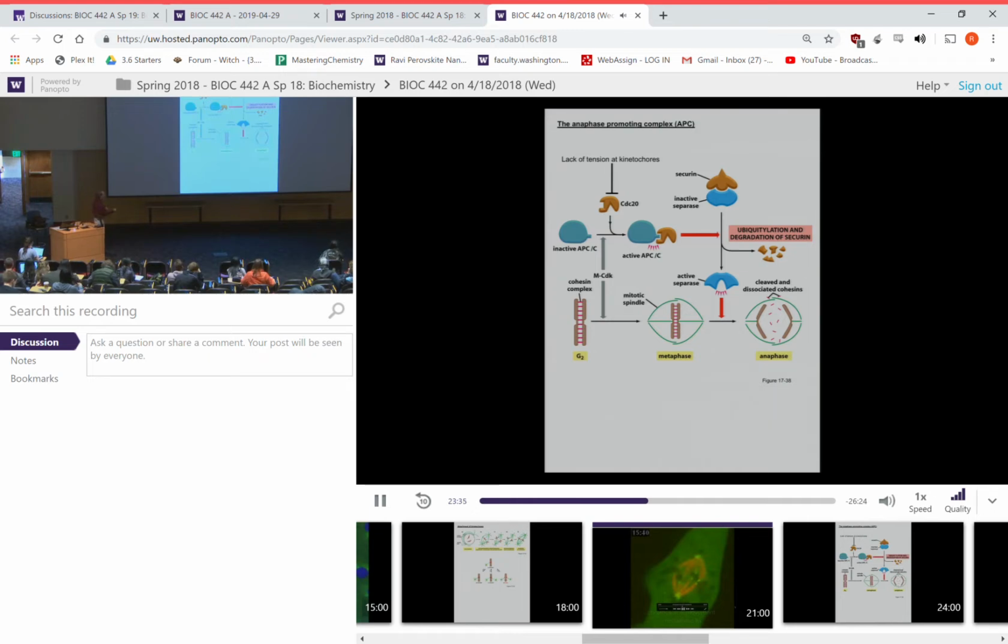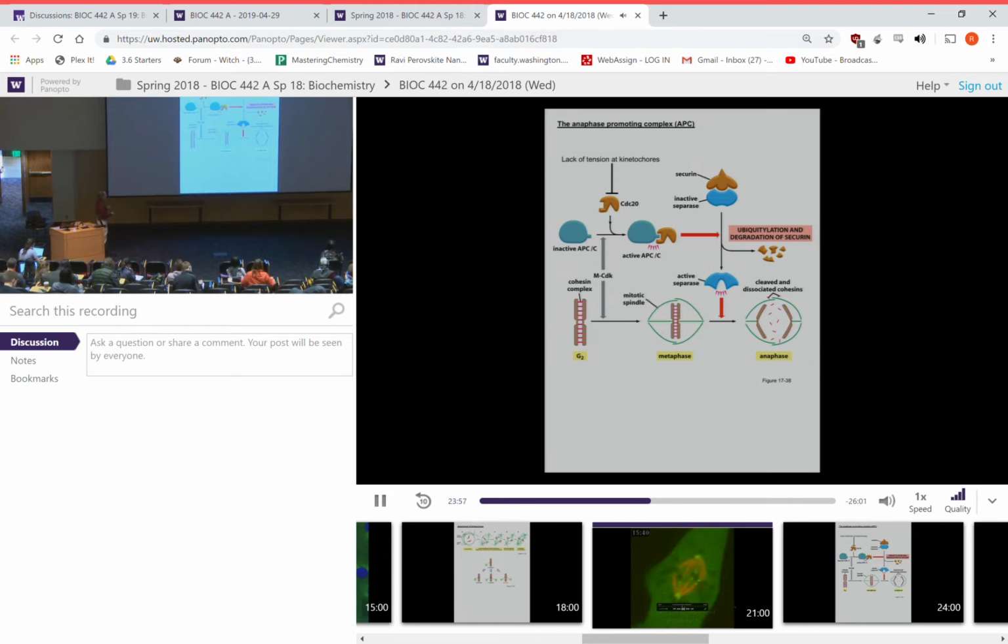There's pulling forces on each side, but if you ask, why aren't the duplicated chromosomes going apart? It's because there's the sticky glue. So even though there's pulling on both sides, the glue is keeping these things together. So in order to go from metaphase to anaphase, we have to get rid of the glue, right? Otherwise, they can't separate. So that's where this ligase comes in.